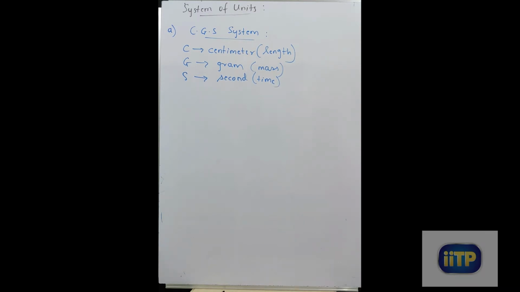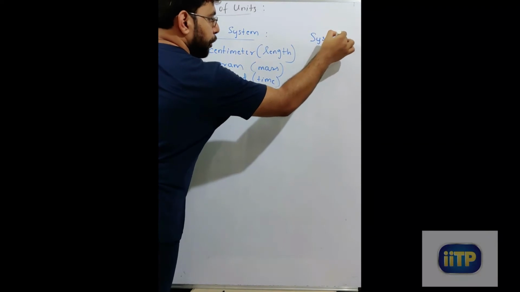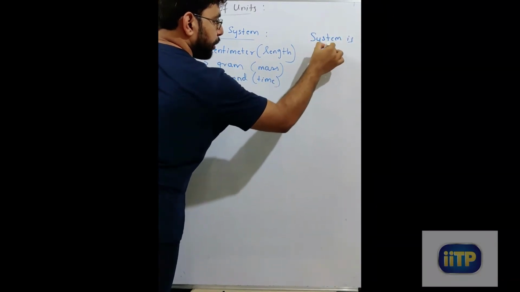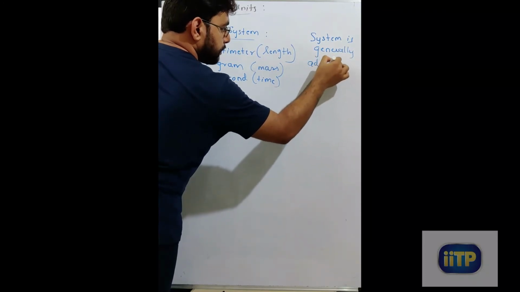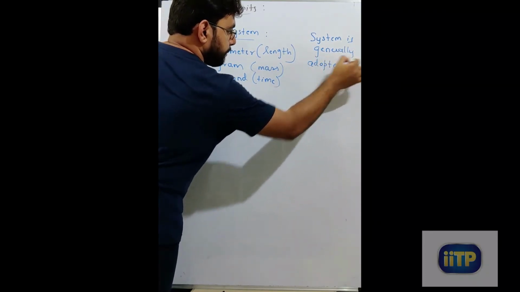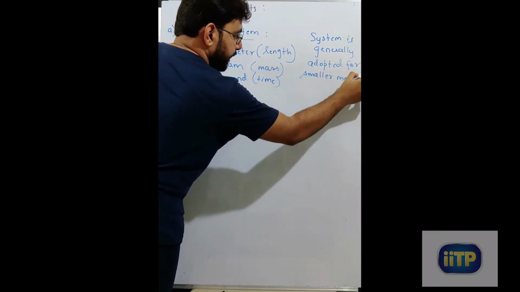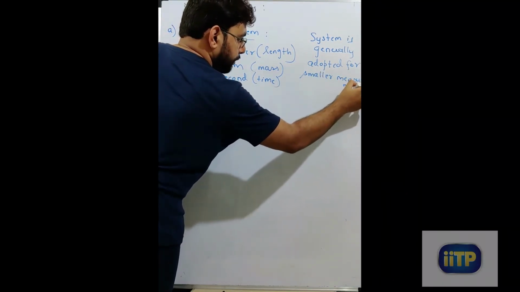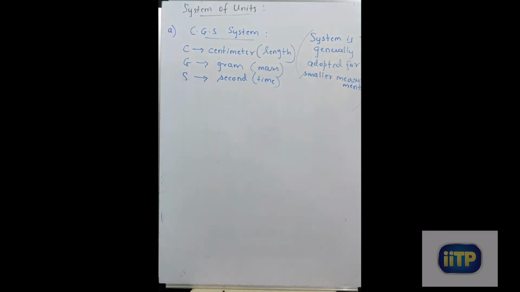This system is generally adopted for smaller measurements. So whenever we have to do smaller measurements, of very small magnitude, we use this system for mass, length and time. Right? This is the CGS system.